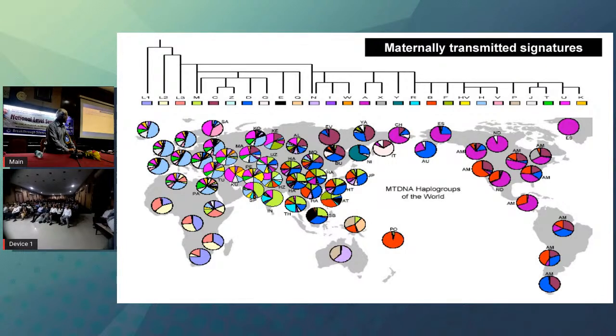They are color-coded, and you find exactly the same feature. The oldest ones are in Africa, very diverse in the Middle East, India, and these kinds of places, Asia and Europe mostly. And in the New World, you find the newest signatures predominant.